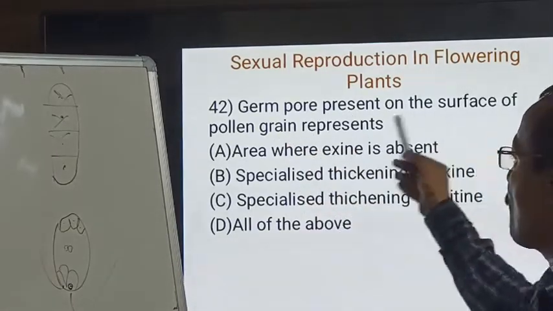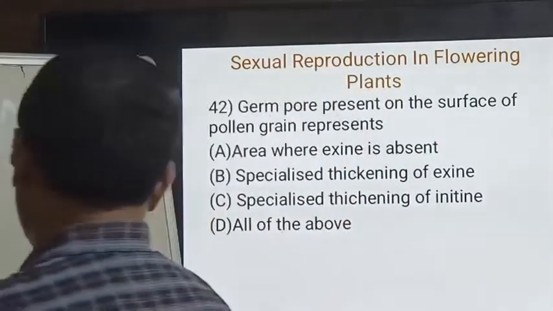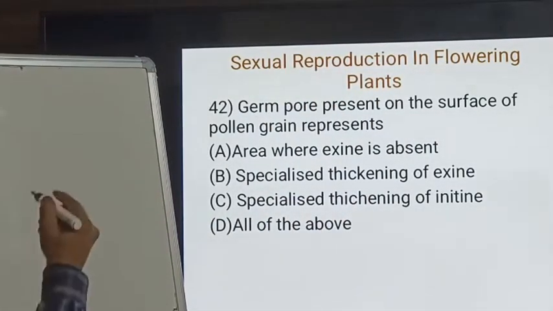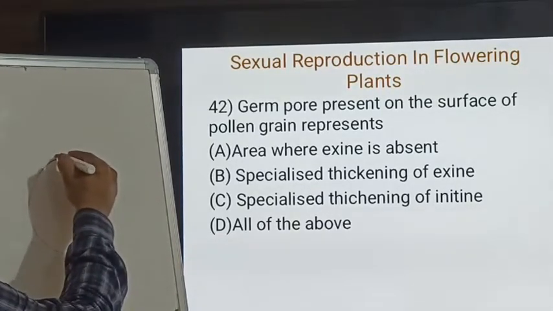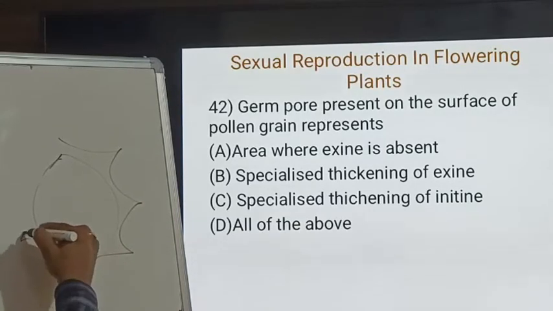Germ pore present on the surface of the pollen grain represents. So once again, let us go with the figure diagram. See, pollen grains are covered by two wall layers.